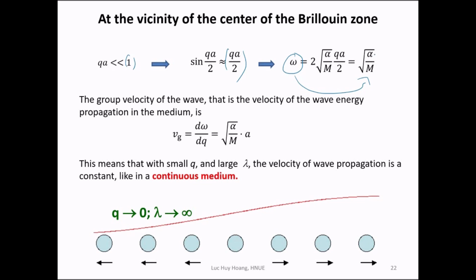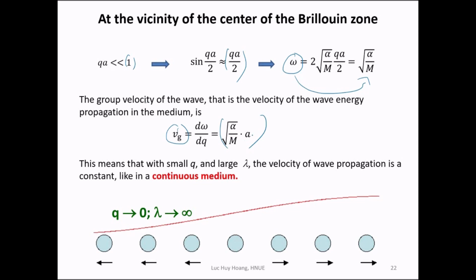And alpha is the force constant, m is the mass. So this means omega is like a constant. And if we calculate the wave propagation, v should be equal to the derivative of omega with respect to q, then we get the result of this constant with a.